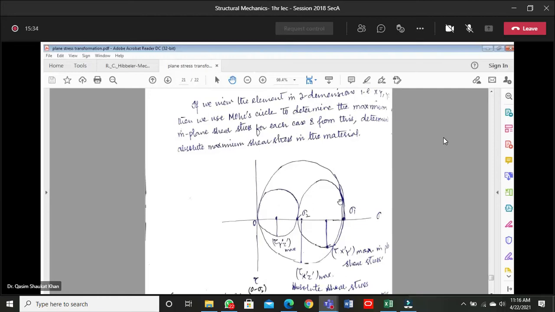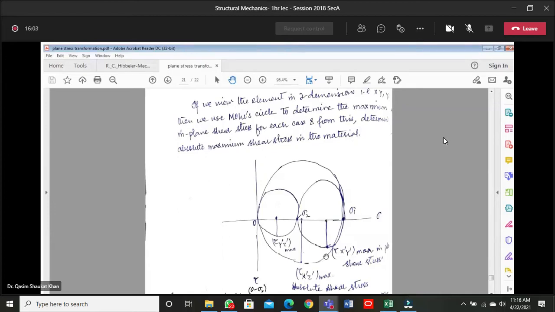This inner circle is the Mohr circle for the XY plane, in which sigma 1 and sigma 2 both are acting. And the maximum shear stress in this case will be sigma 1 minus sigma 2, the diameter, divided by 2. So this will give me the maximum shear stress in the XY plane.